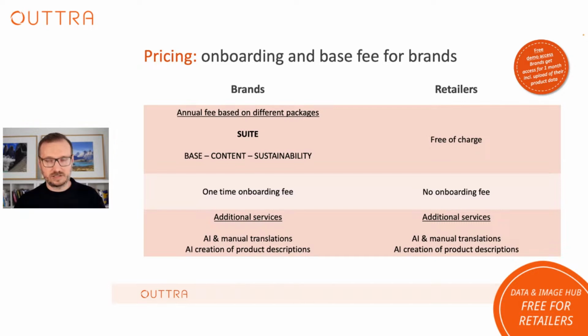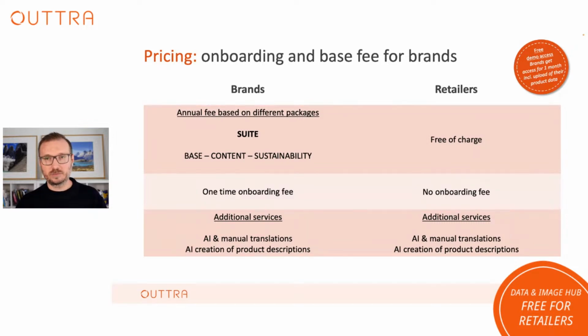If you just need the base content, which is the base information, which is GTIN and everything the retailer needs for the pre-order season, then it's one package. If you want a content package, which is about the images and the descriptions, long descriptions, and everything else the retailer really needs to present your product the best possible way in their online stores, it's the content package.